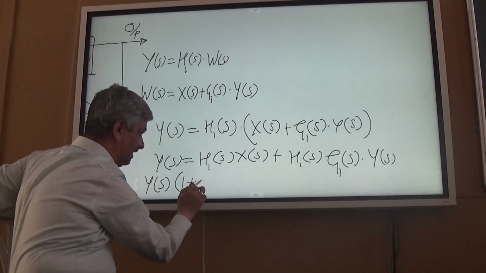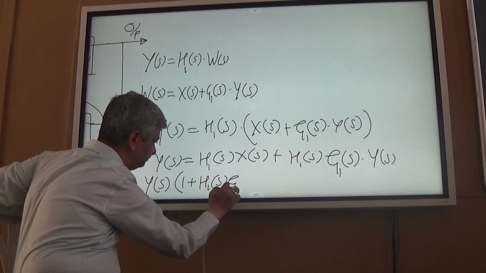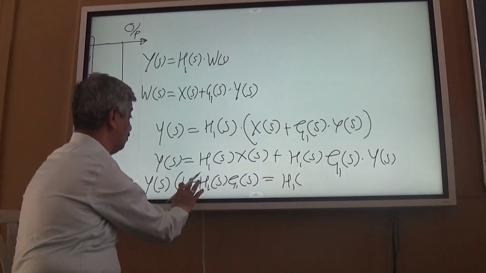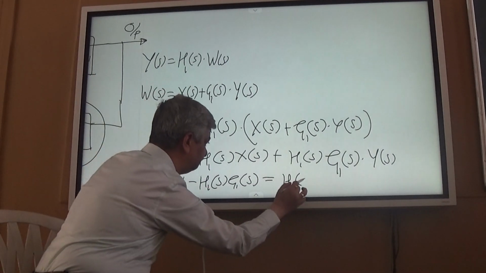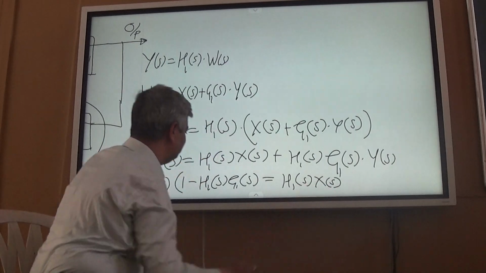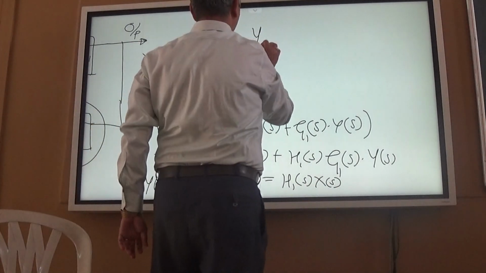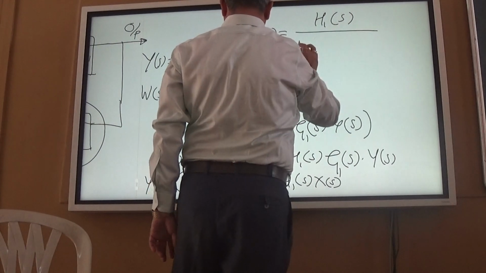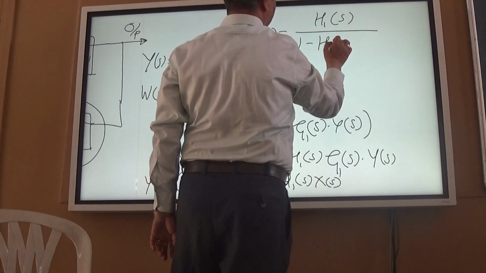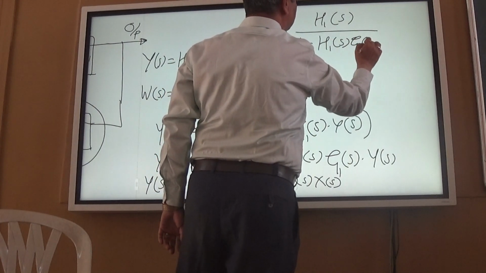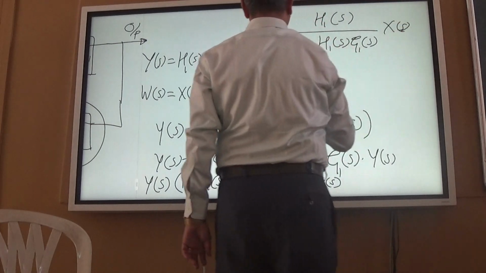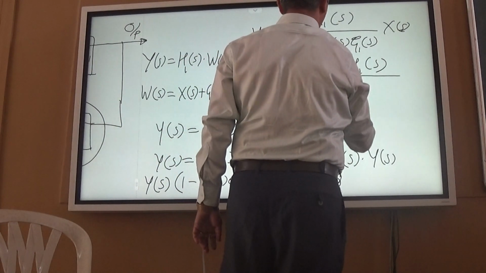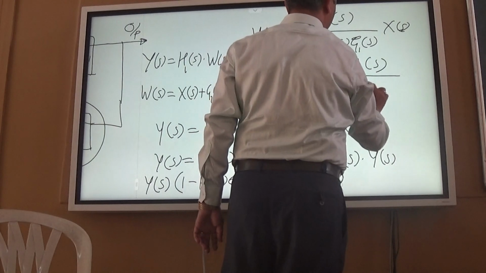So I hope this step is clear. So Y(s) is equal to H1(s) upon 1 minus H1(s)G1(s) into X(s), or the overall transfer function H(s) is equal to H1(s) upon 1 minus H1(s)G1(s).